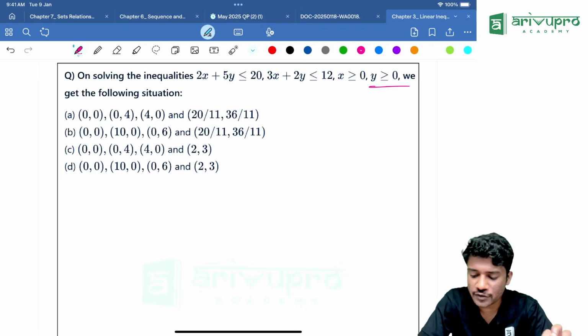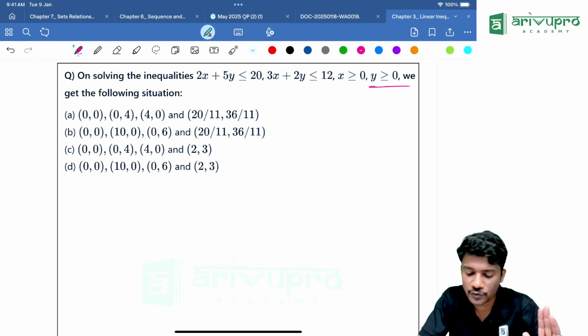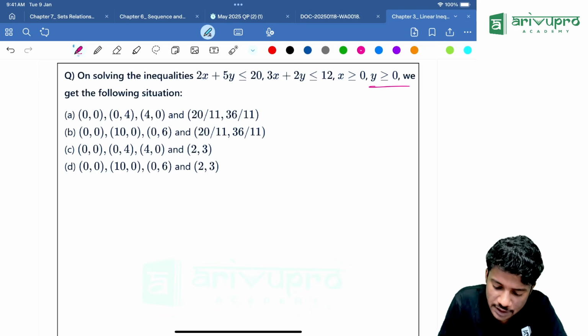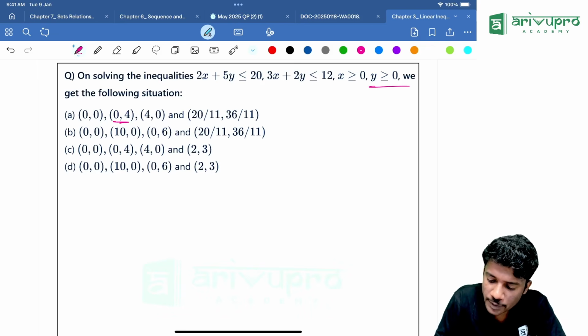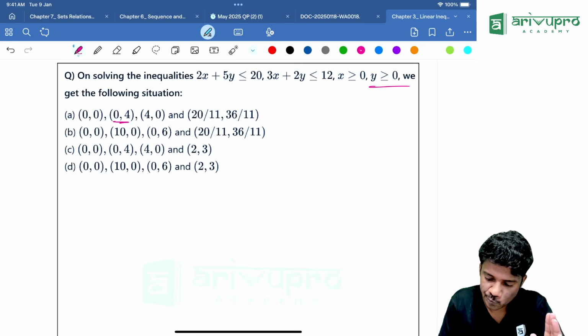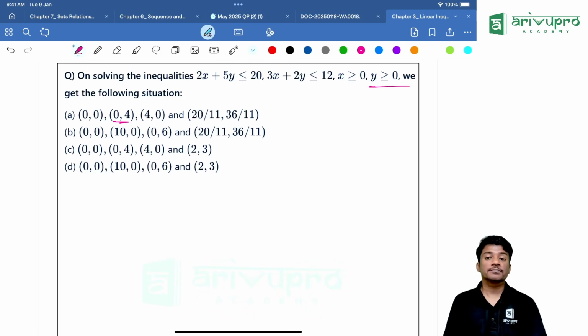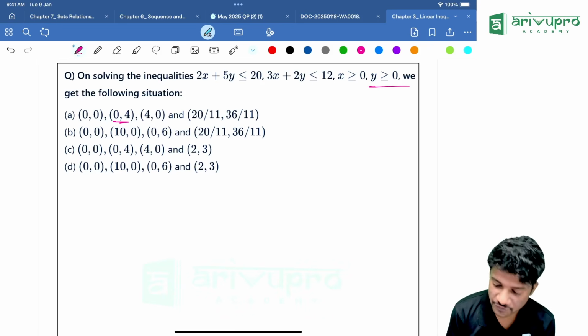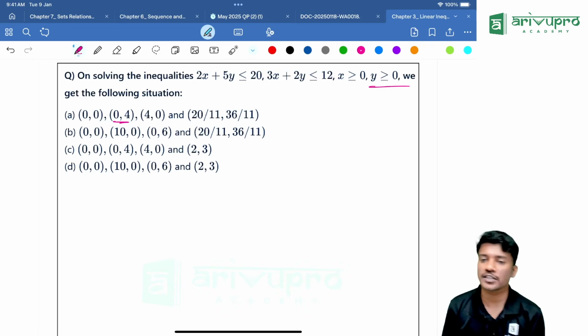Now find the points which are not possible. That is the easiest thing we can do. Take 0, 4. 0, 4 means everything is possible. Then which one is not possible? You tell me. Which points will you go forward with first? Whichever is not possible.